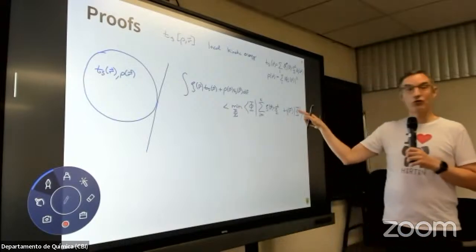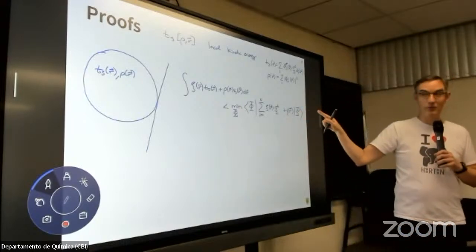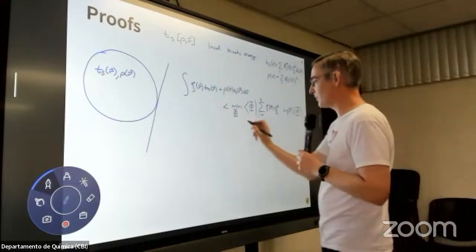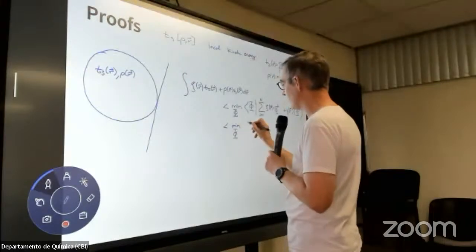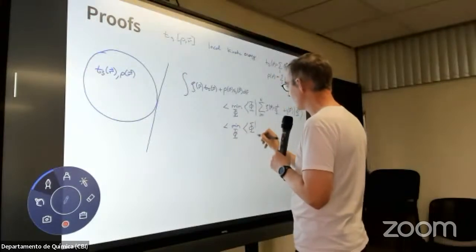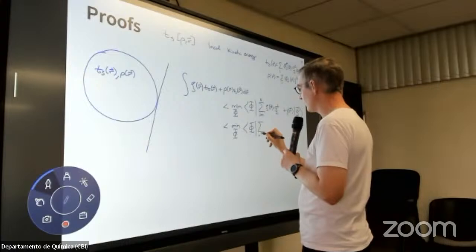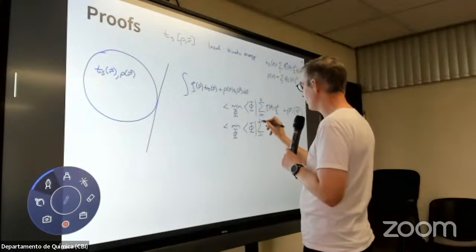Okay. So this is the ground state of a system. Now we have to think about what this means. And this becomes easier if I just write this as the minimum over phi of some system. I'm going to rewrite this in a way that I think is more intuitive.